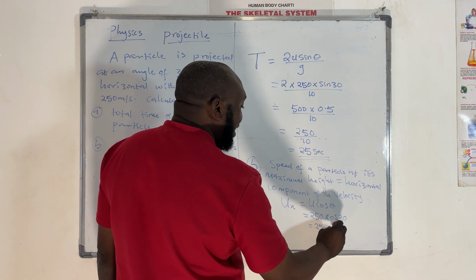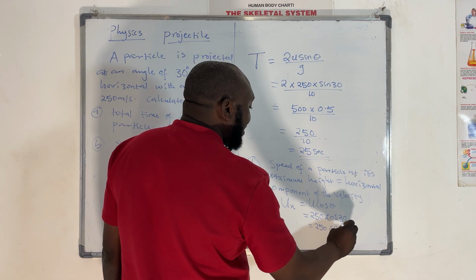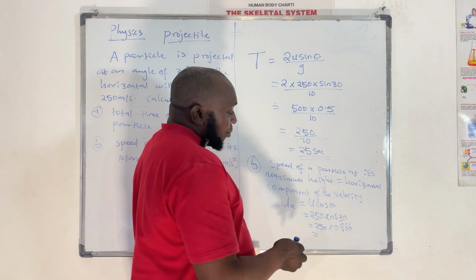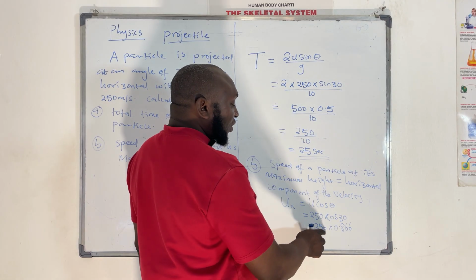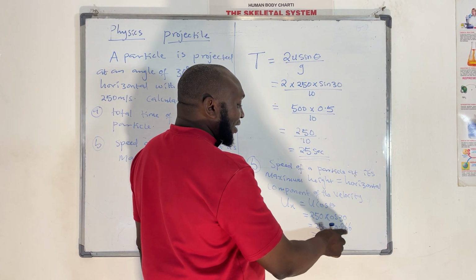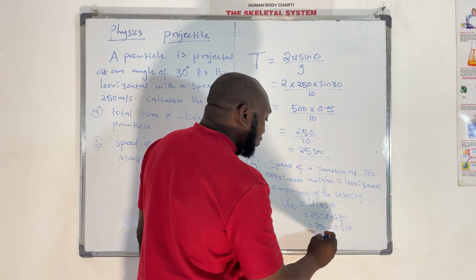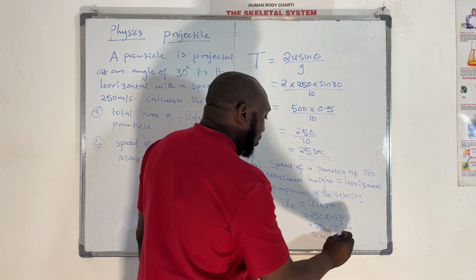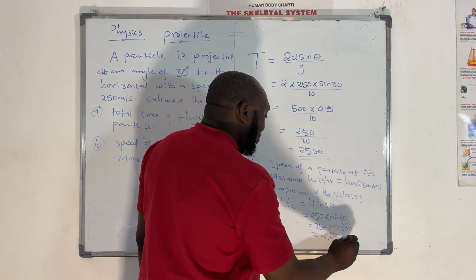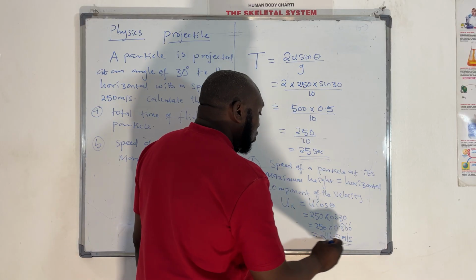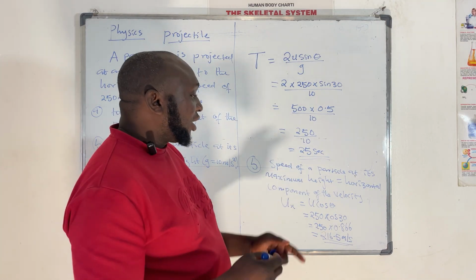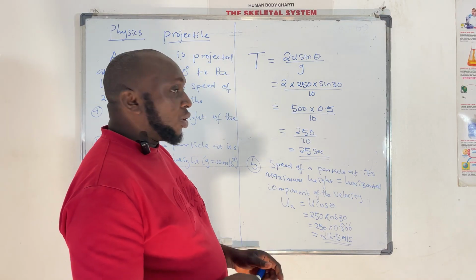Cos 30 is 0.866. Multiplying 250 by 0.866 will give us 216.5 meters per second. So this is the velocity at which the particle reached the maximum height.